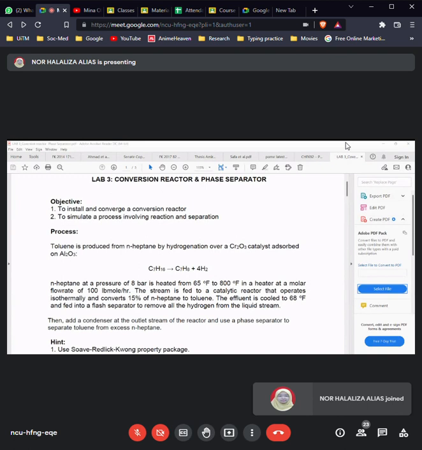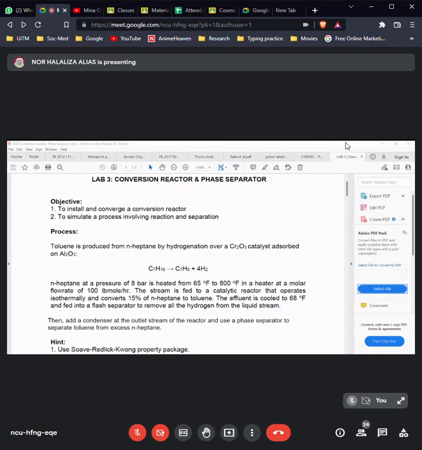Okay, ni, you have this chemical equation. So kalau you tengok dia punya balance equation, 1 mole of N-heptane produces 1 mole of toluene plus 4 moles of hydrogen. So maksudnya sekarang you have to make sure that this equation is balanced, then only you can fill out the stoichiometric coefficient in the HYSYS.